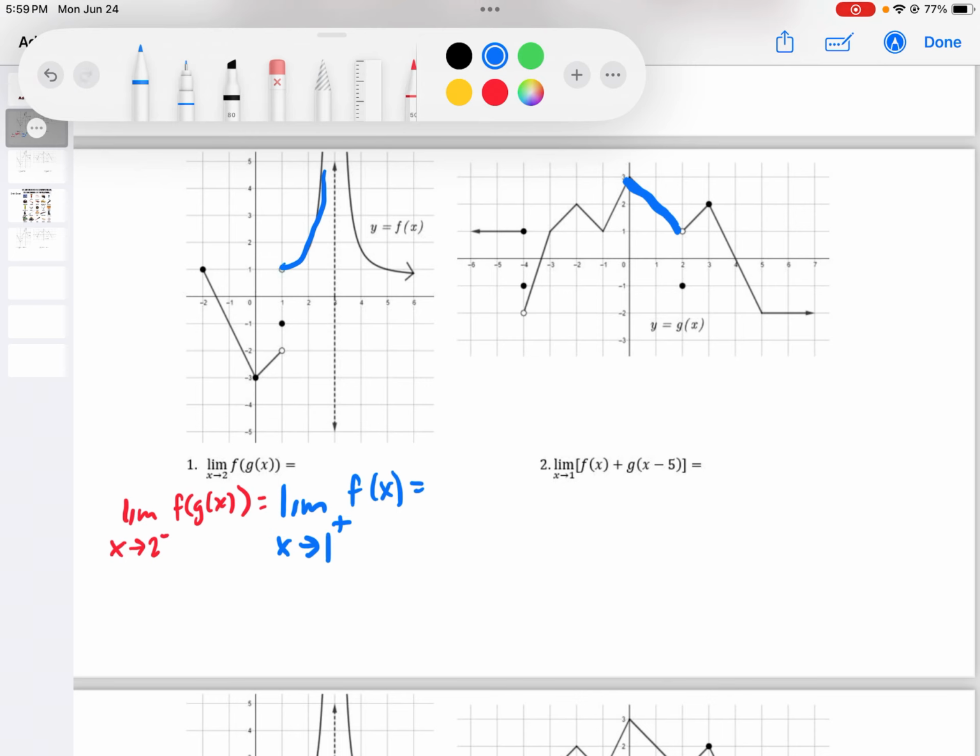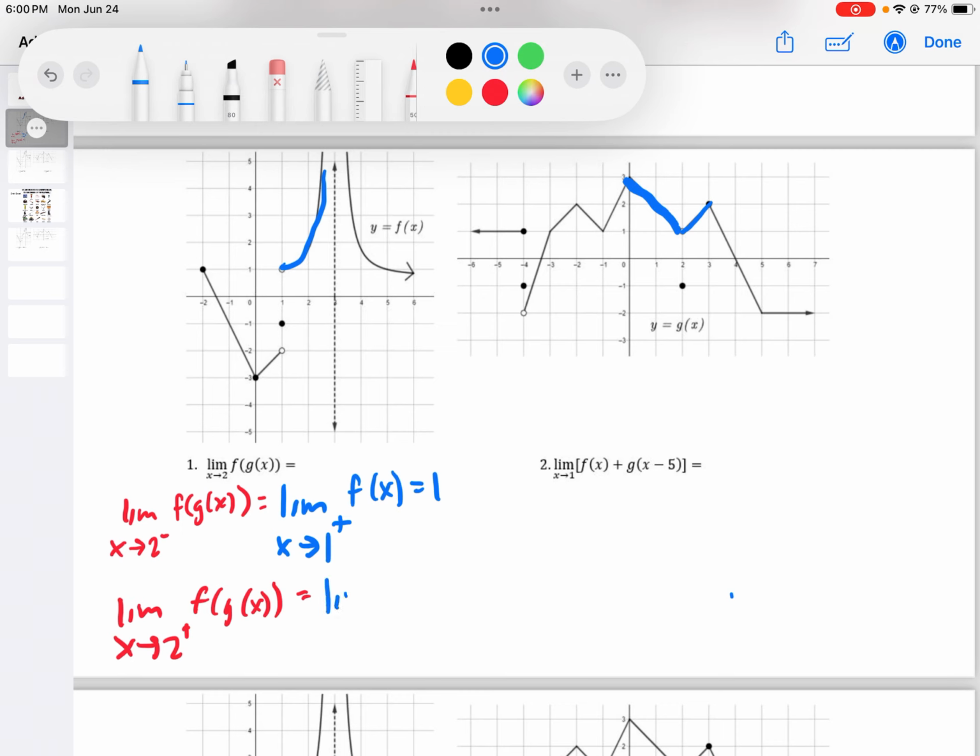Okay, so now look at the f function. The limit as x approaches 1 from the right gives you 1. All right, so now let's find the limit as x approaches 2 from the right of f of g of x. I'm going to find the limit as x is approaching 2 from the right.